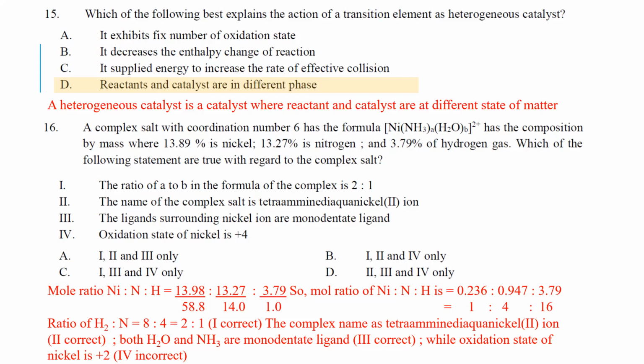So therefore, this is the diamine, plus there is one complex name, tetraamminediaquanickel(II) ion. So the best answer that describes all these is 1, 2, 3 only. Okay, so that is for question number 16.